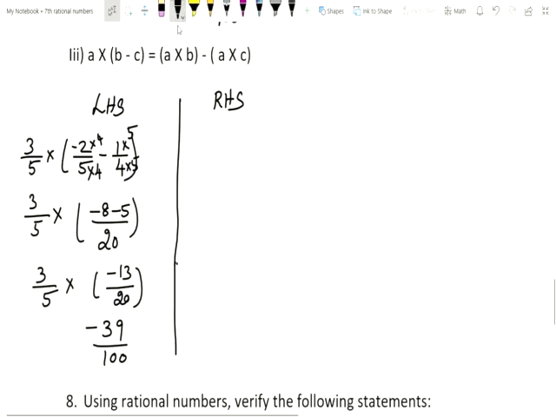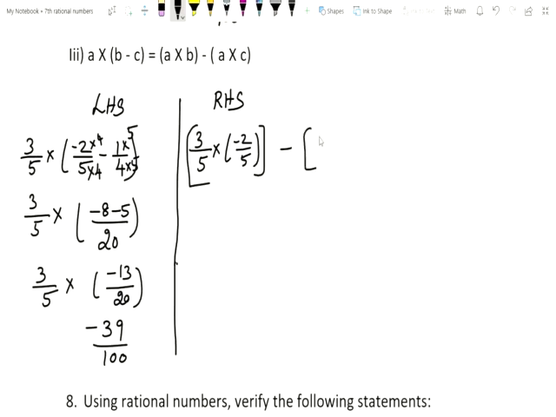Now check the right hand side. A into B minus A into C. So 3 by 5 into minus 2 by 5 minus, A value 3 by 5 into 1 by 4. So now you multiply this: minus 6 by 25 minus 3 by 20.